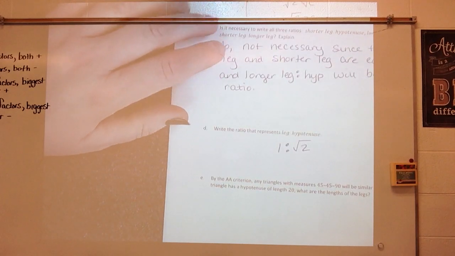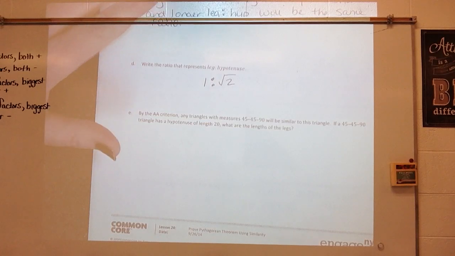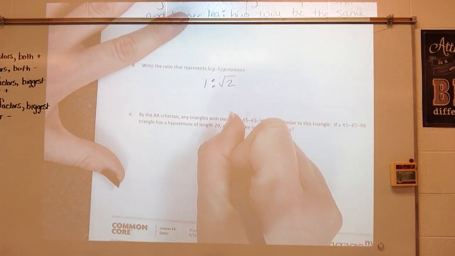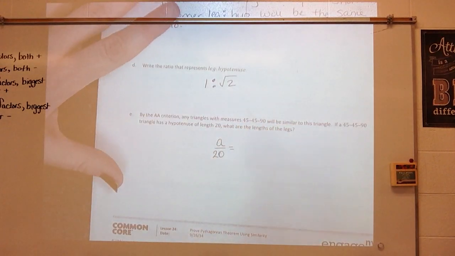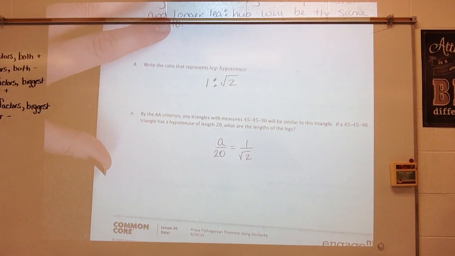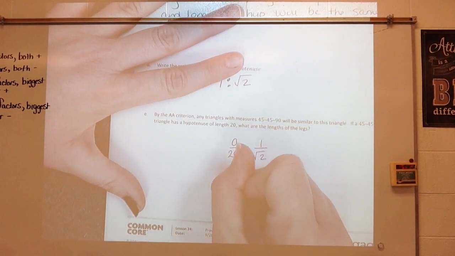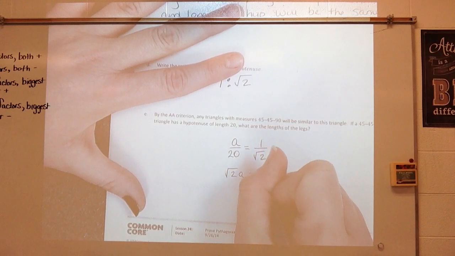Alright, well, since they are the same ratio, I only have to do it one time. So my leg to my hypotenuse is equal to my leg to my hypotenuse. Multiply: square root of 2 times a is equal to 20.